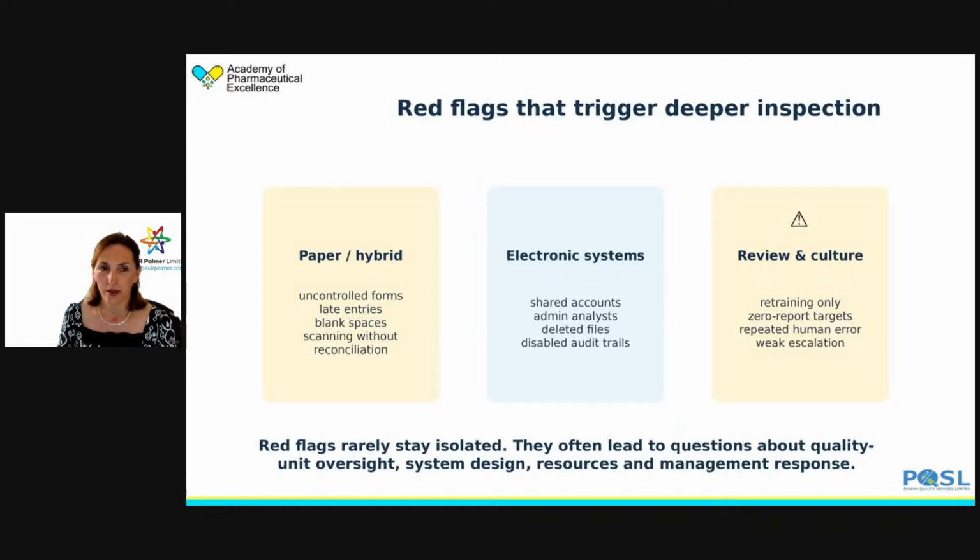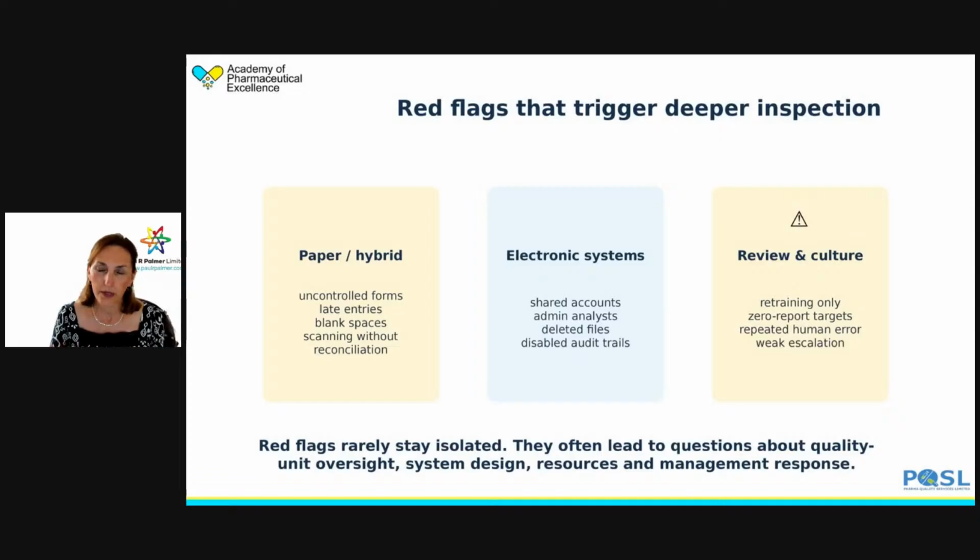Some red flags repeatedly attract attention because they show that the process may permit information to be lost, changed, or created after the event. So in paper and hybrid systems, inspectors notice uncontrolled blank forms, delayed entries, unexplained empty spaces, overwritten information, and scanning processes that don't reconcile the paper original with the electronic copy.